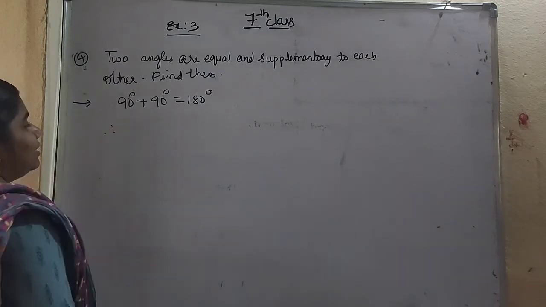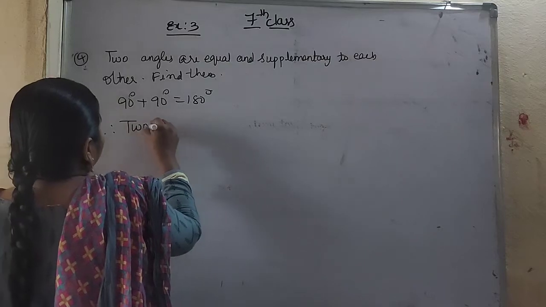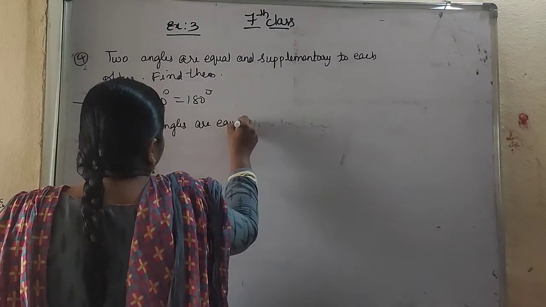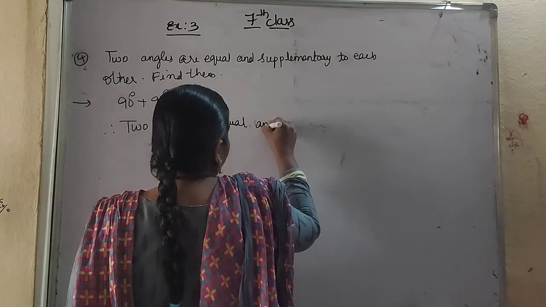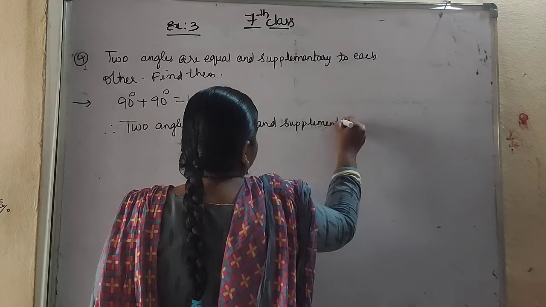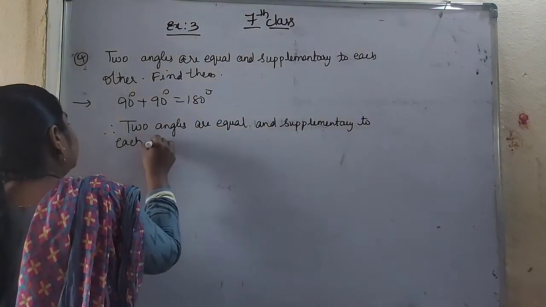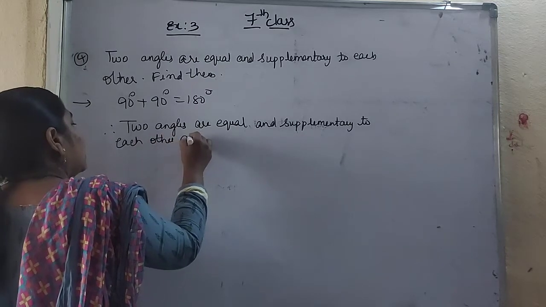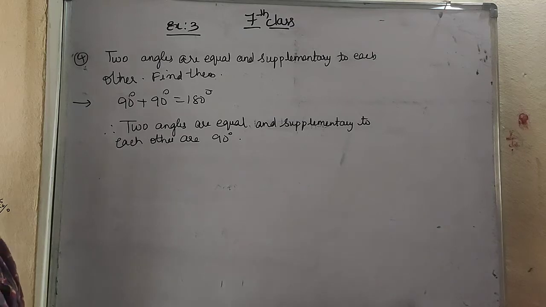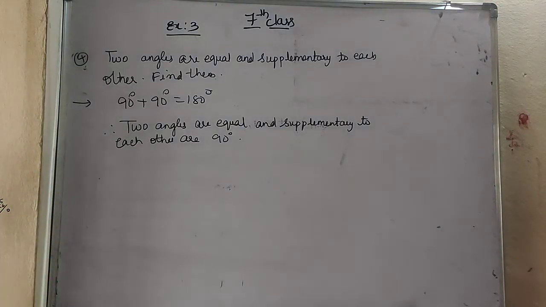Therefore the two angles that are equal and supplementary to each other are 90 degrees. That is, 90 plus 90 is equal to 180 degrees. So this is our fourth solution.